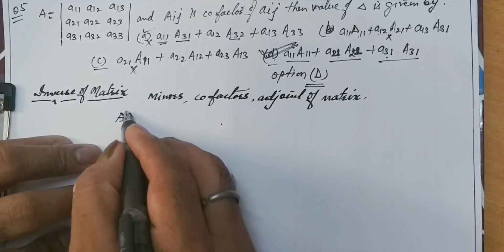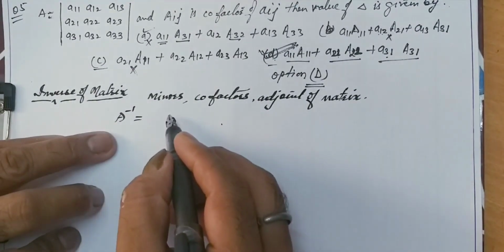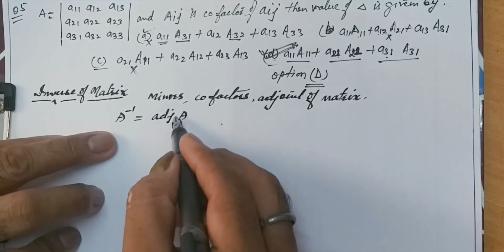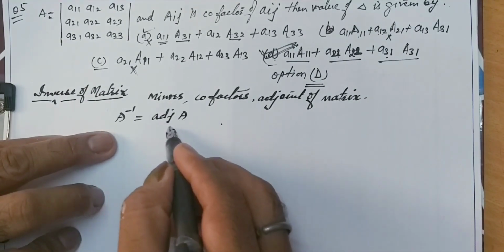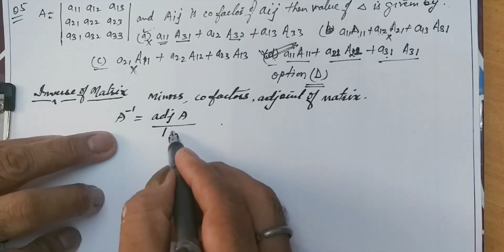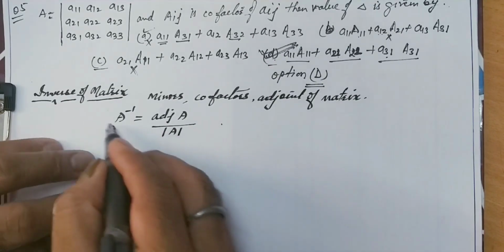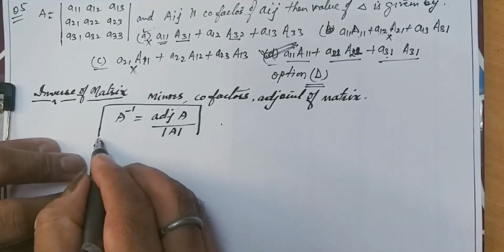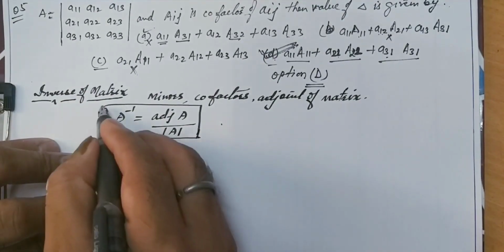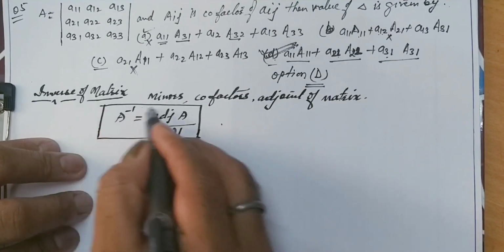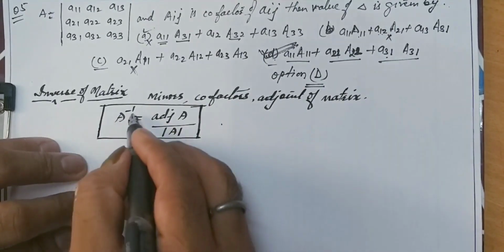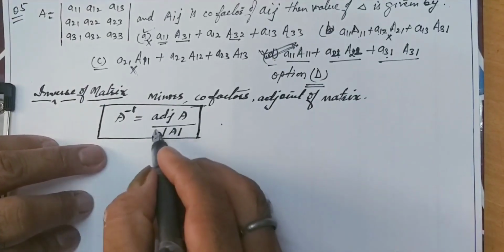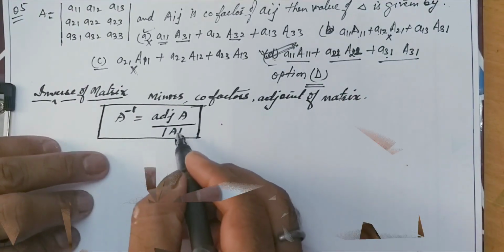The formula for this A inverse is equal to adjoint of matrix A divided by the value of determinant. This is called the inverse of matrix by method of adjoint and finding the value of determinant.